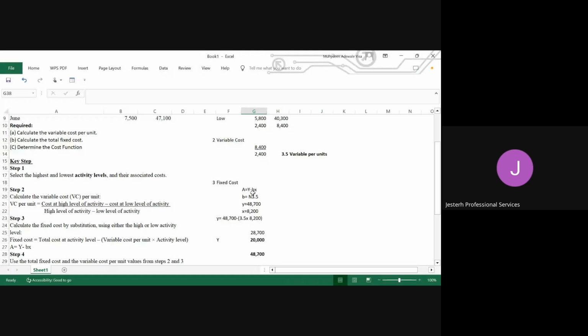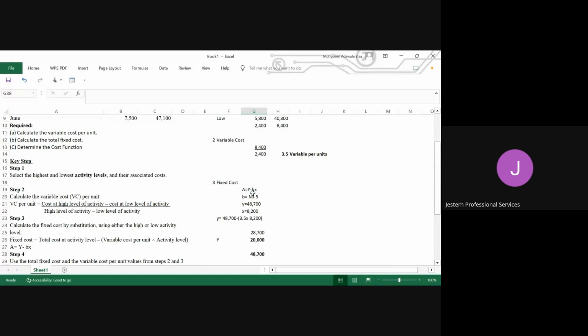Based on previous exams related to the high and low method, related to cost segregation and estimation, they usually test the high and low and then the linear regression together. Once you are able to ascertain the high and low levels of activities, it might be a little bit challenging when we are dealing with linear regression.